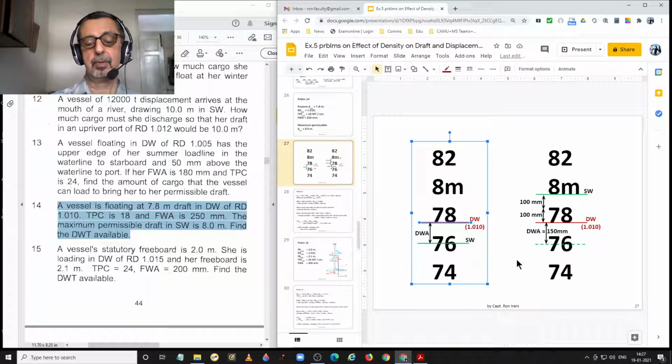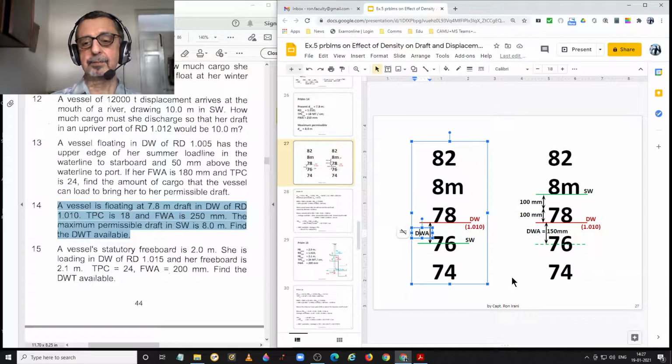Now, if the ship was to do nothing and she was to go into salt water, her draft will reduce and it will settle down at this green line in salt water. How much will it reduce? That we have to calculate. And that how much it will reduce by is called dock water allowance.